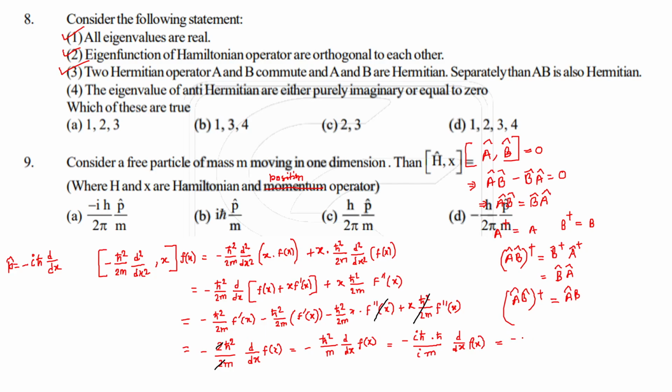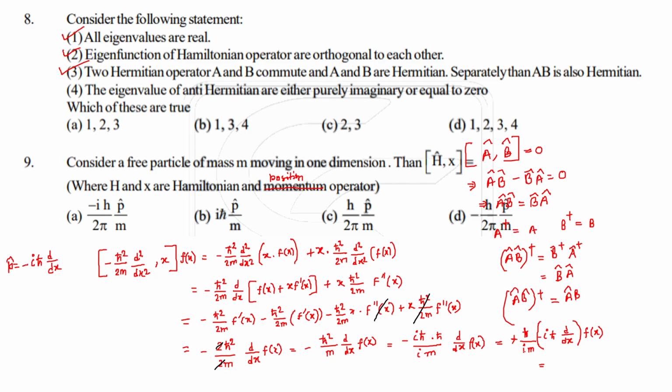So you have minus h cut over i m, i h, d by dx of f of x, which is nothing but this time is p. And so I'm taking minus here and plus here.